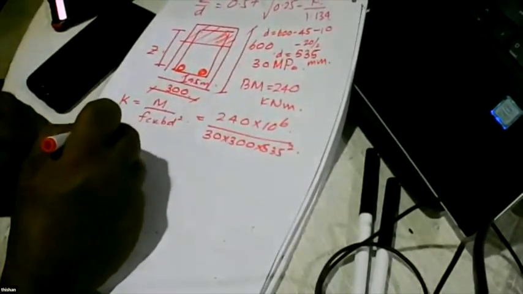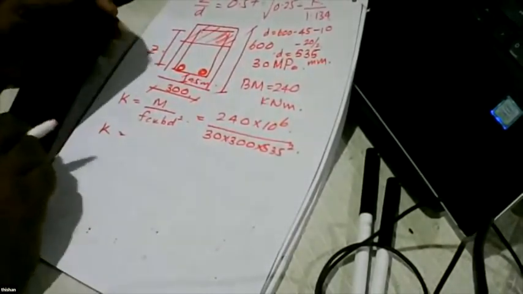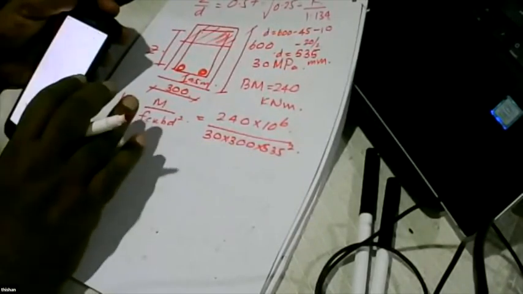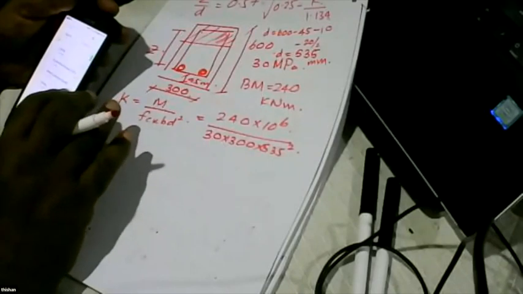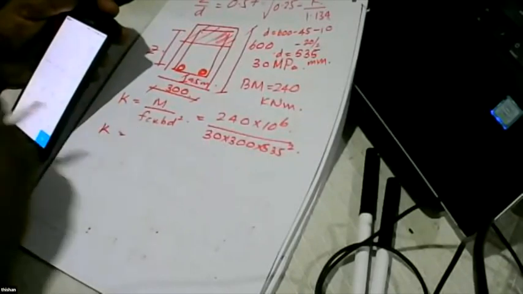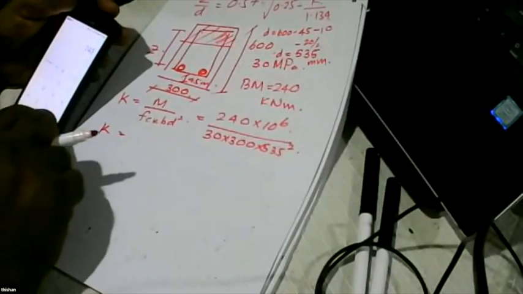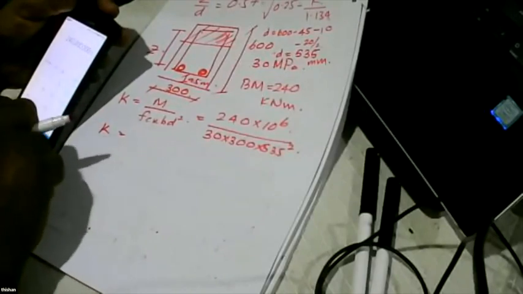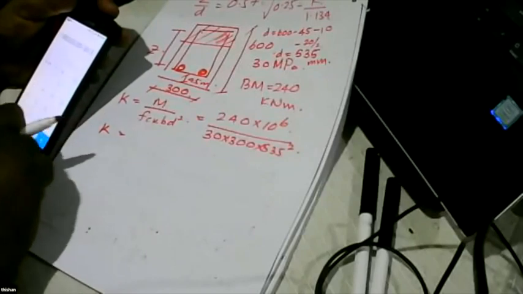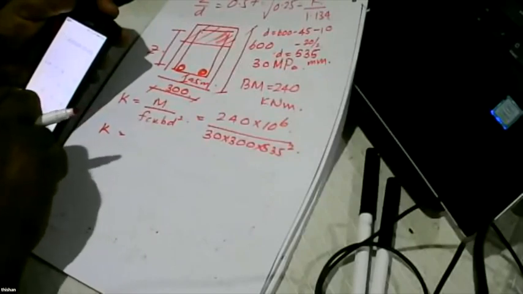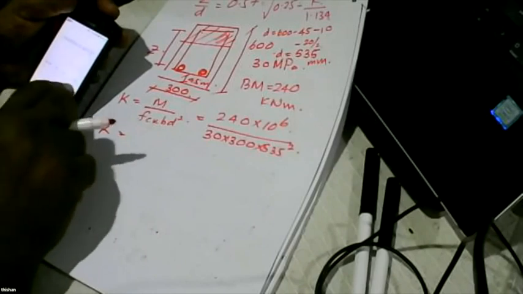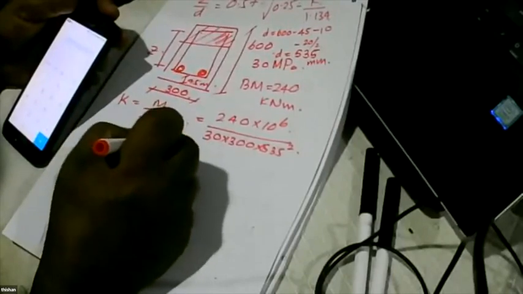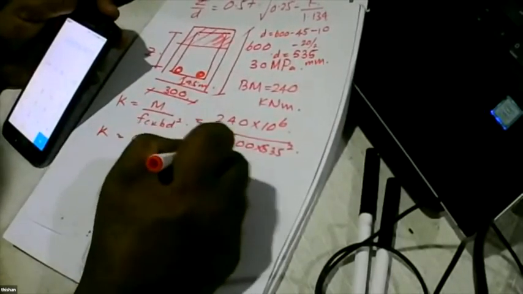So you get K as 0.093, which is less than 0.167.